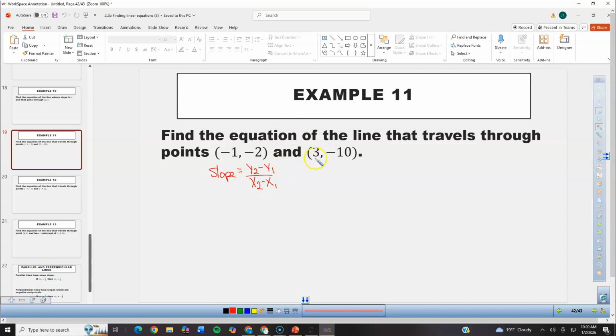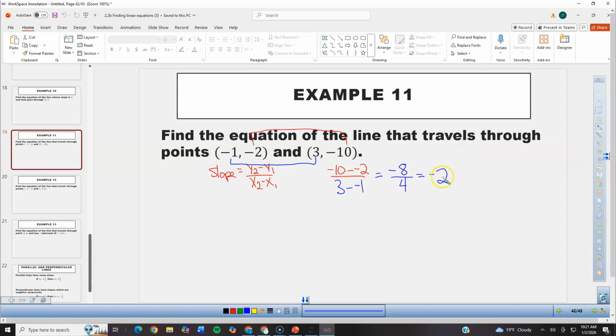Watch earlier in the video if you forgot. So I'm going to do my y's minus each other over my x's. So that becomes negative 8 over 4, which is negative 2.